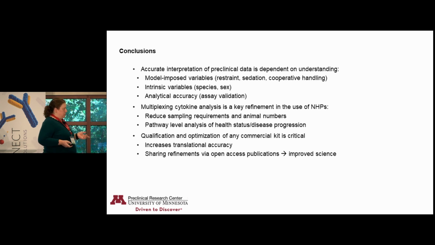The qualification and optimization of any commercial kit is critical. It increases our translational accuracy, and it improves translation into the clinic, and sharing our refinements via open access publications is just something I always am a cheerleader for, because it just leads to improved science across the board.